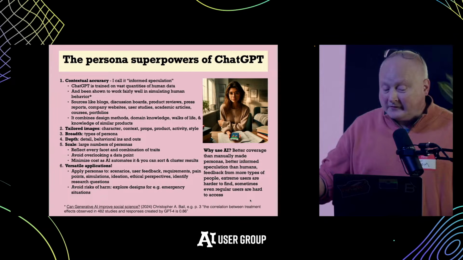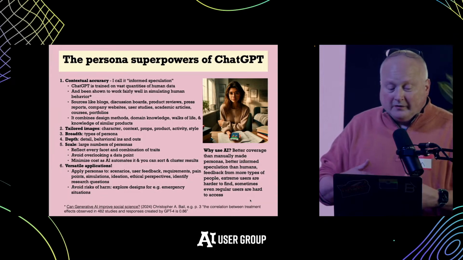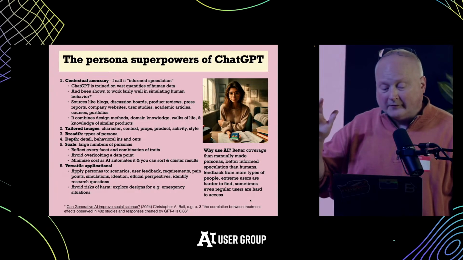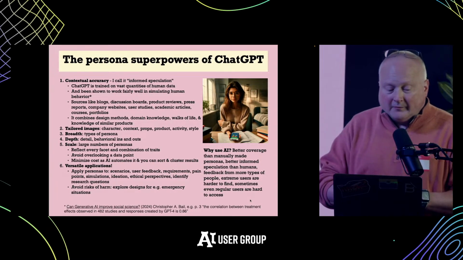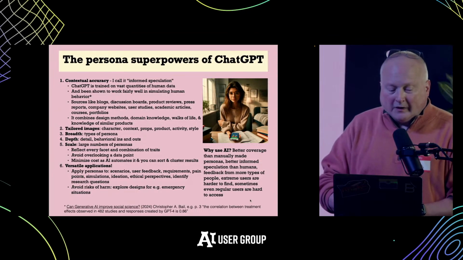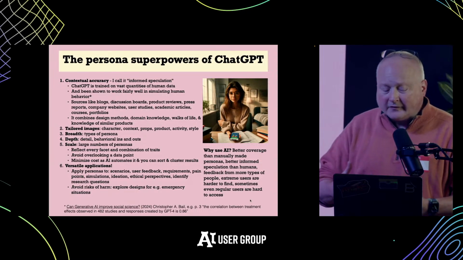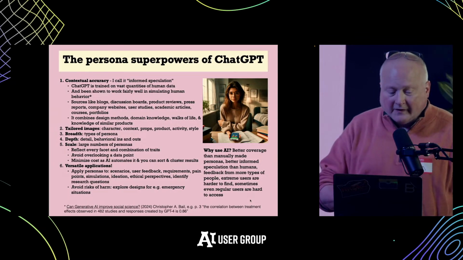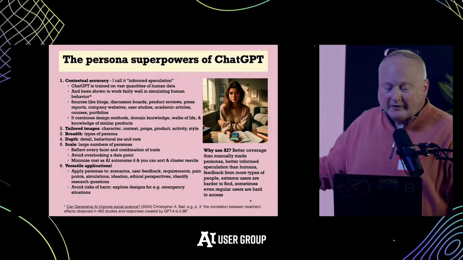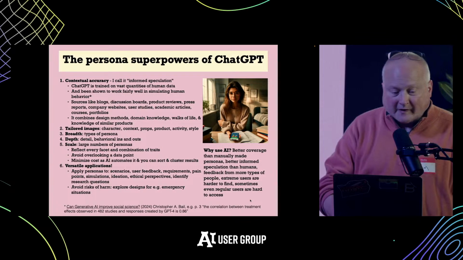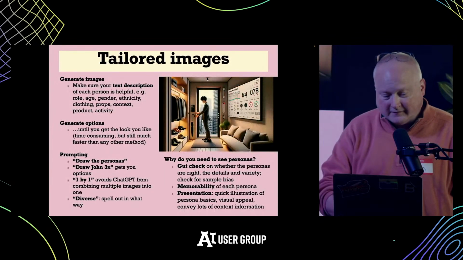So you can have as much detail as you want. You can do scale, which by that I mean just large numbers of personas, and I'll go through that. And it helps you not overlook certain points of view. And so it's actually really inexpensive to go through a lot of different personas. And then it has versatile applications, so a lot of uses of your persona. I'm going to go on to the next example.